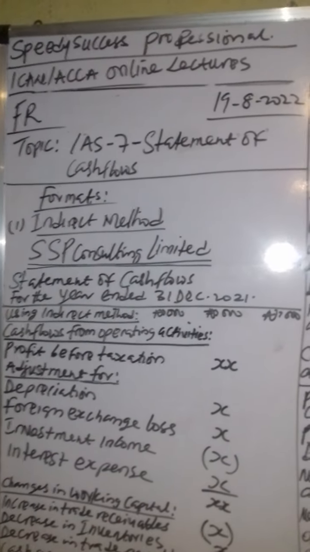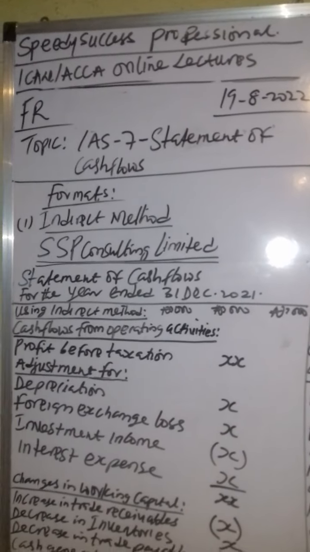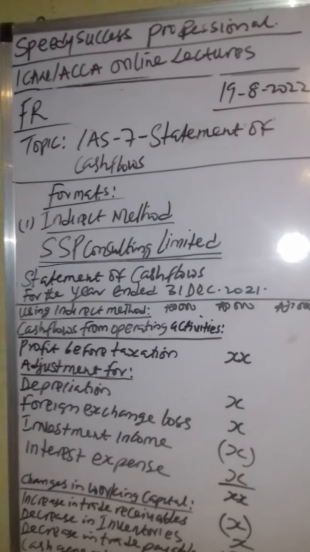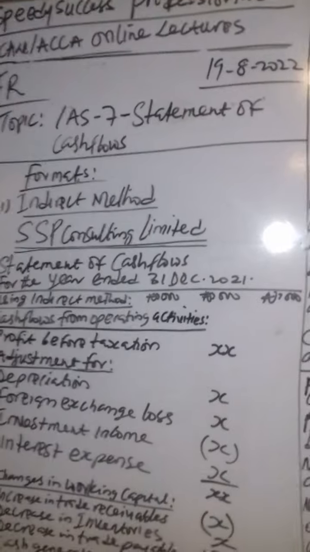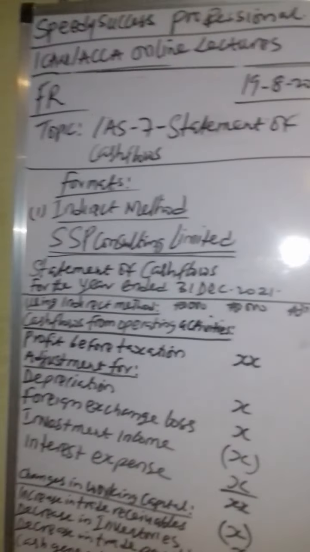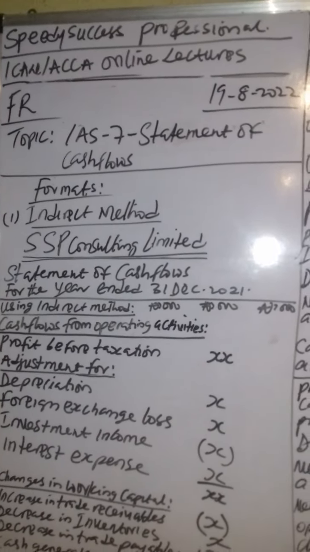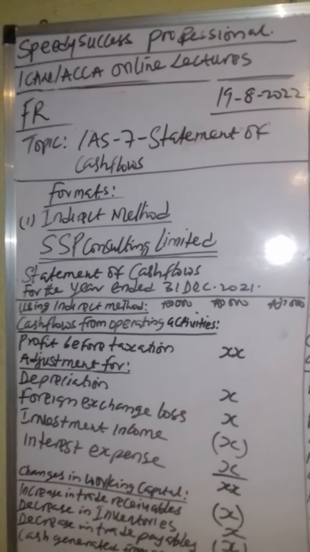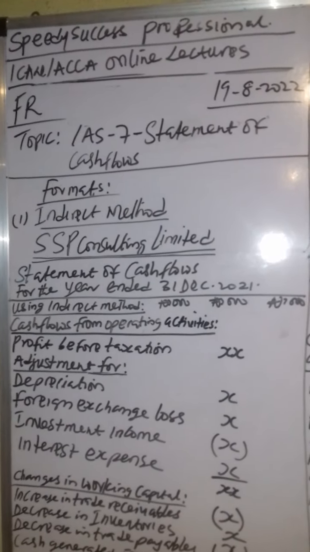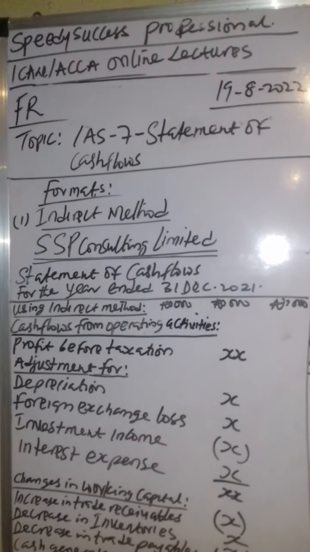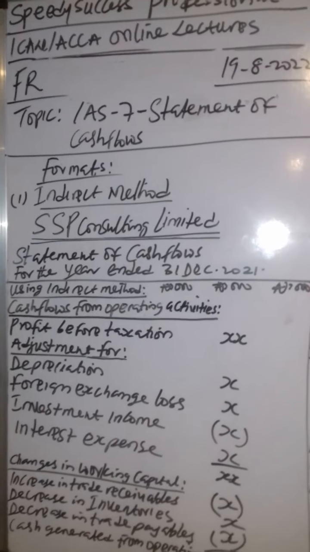Today we want to add the last one, a statement showing liquidity. Candidates should take note that the indirect method is the most common method used globally. Are we together? All right, let's look at the format.